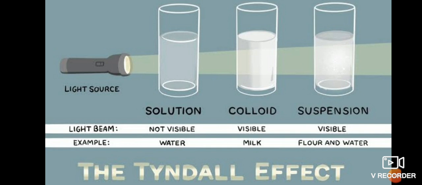And in the second one, it is a little bit visible, it is milk. Milk is a mixture of milk and water. Then the last one appears very nice. Why? Because the particles are settled down at the bottom of the jar. That's why it becomes very clear.